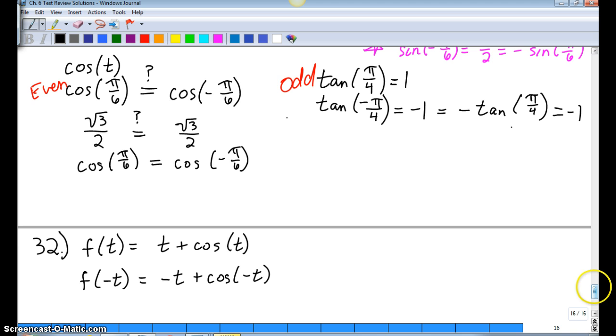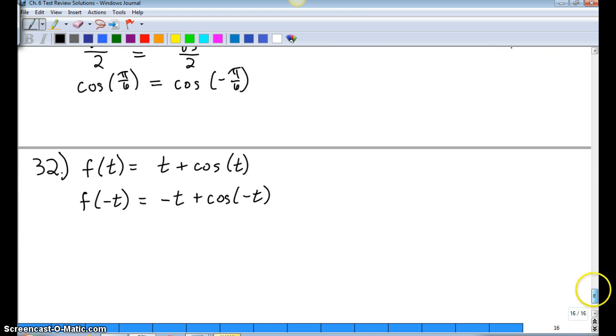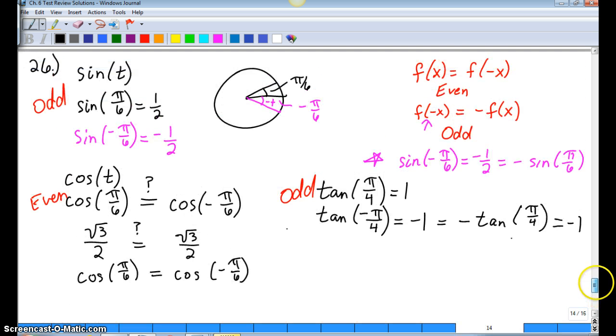So we just added a step. We added this term, the negative t term. So negative t, we can't do anything with the negative t. So that's just negative t. But let's go back. Let's look at cosine of negative t. What does cosine of negative t equal?